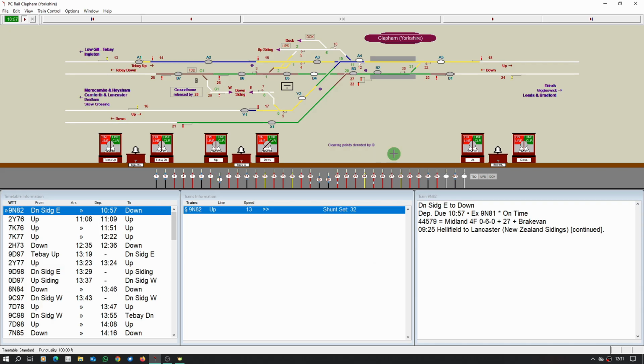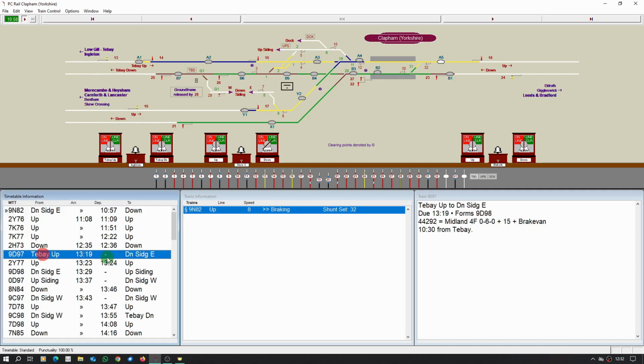Exit signal from the yard, from the sidings. Can put the points back as well. 8. So we've done with these for a while now.